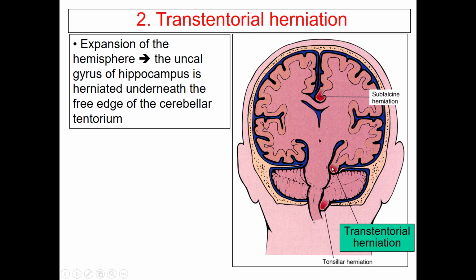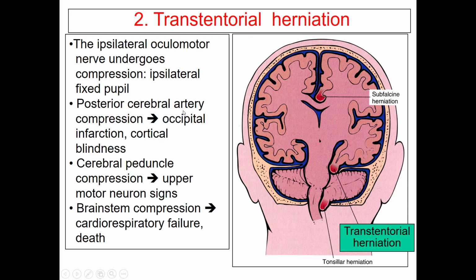And this is also important that once this uncal herniation occurs, then the third cranial nerve, the oculomotor nerve, can be compressed against the bony structures, and that is the result of the fixed pupil on that side. And this further explains what I have already mentioned.